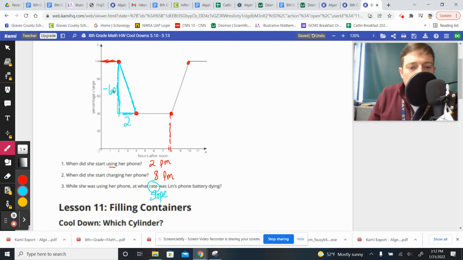So our slope here is negative 60 over 2, which translates to negative 30 per 1. And that is losing 30% per hour.